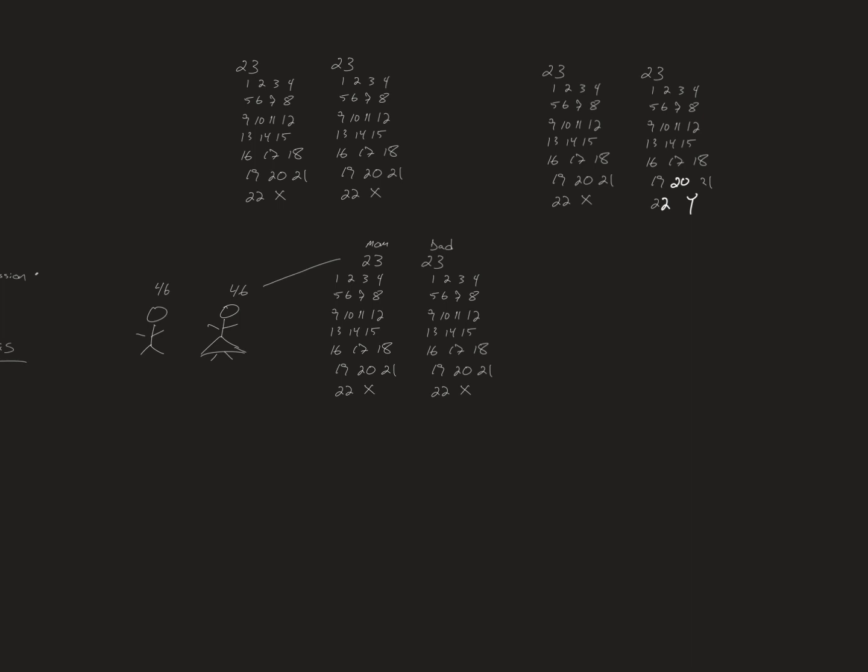So this female had a mom and a dad. Their mom had two X's. Their dad had an X and a Y, and it was this X that got given to this mother here.